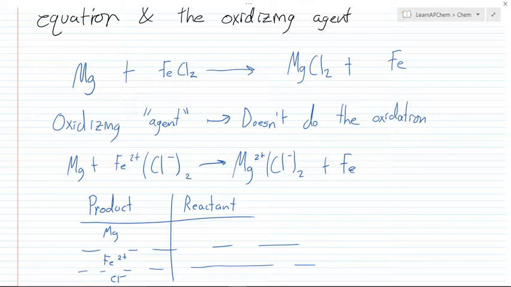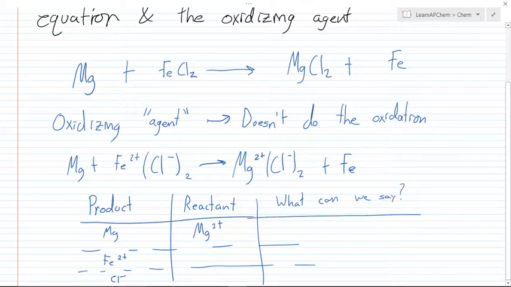So, going back to our table here, as a product, Mg is just Mg, but as a reactant, it's Mg2+. And then I'll add in this third column. What can we say? Mg lost 2 electrons.